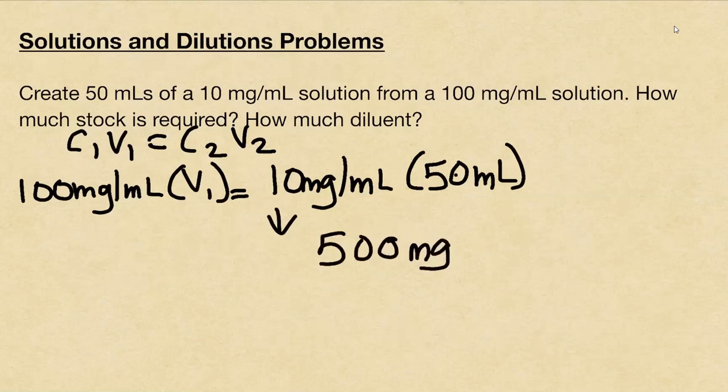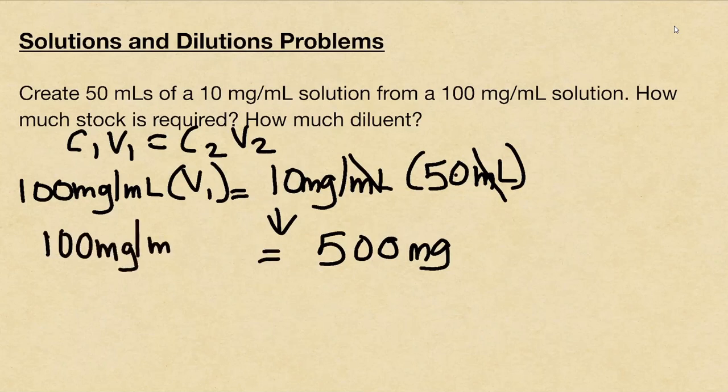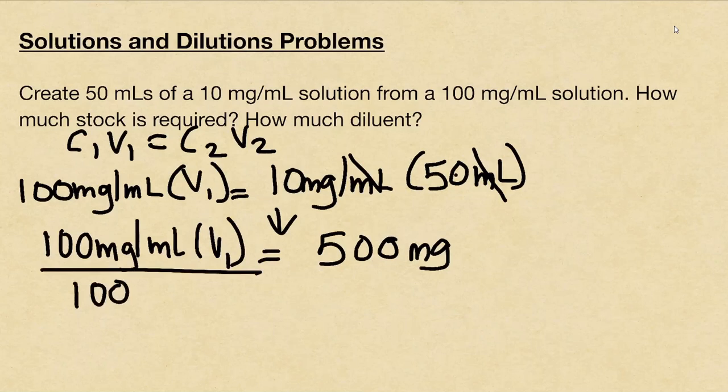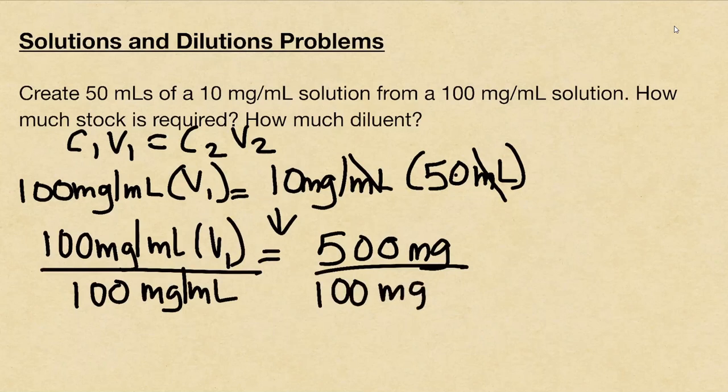megs. When you multiply that, you're going to lose your mLs there because they're going to cancel each other out. And then on this side, you're left with your 100 megs per mil and your volume. And now we want to go ahead and isolate. So let's go ahead and divide 100 megs per mil.